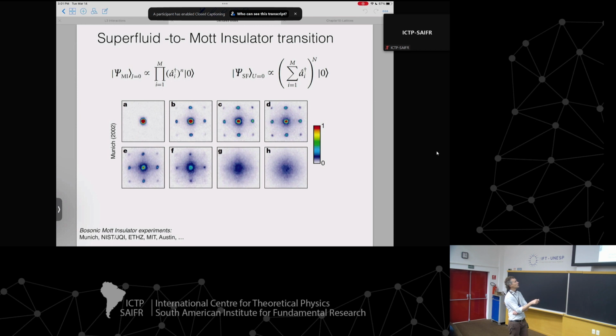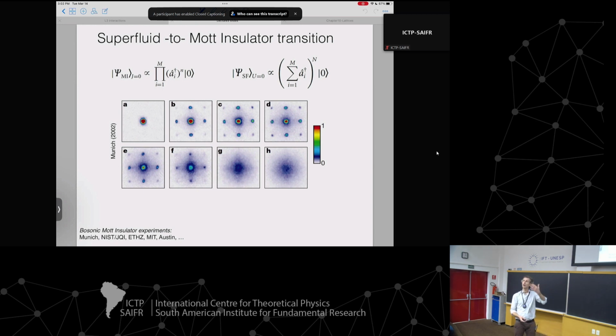In this first picture there's no lattice on, and I just see a Bose condensate without being perturbed by the lattice, and a Bose condensate is very much like a coherent state in that it has a well-defined phase, but not a well-defined number.